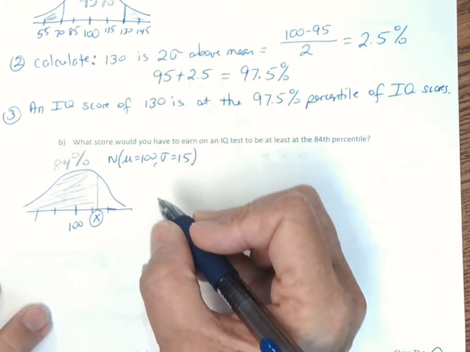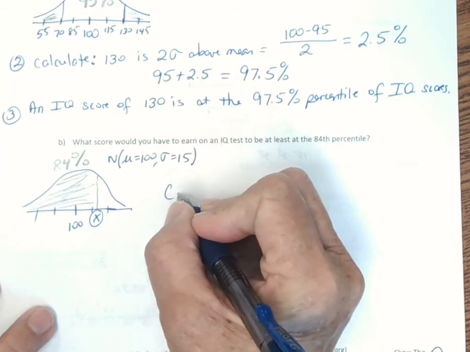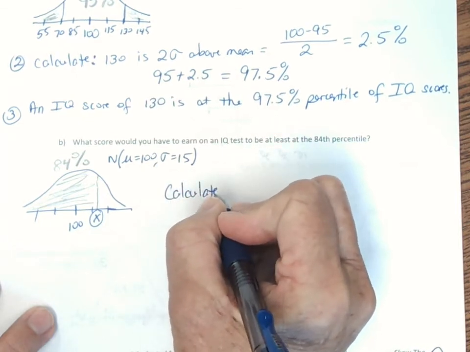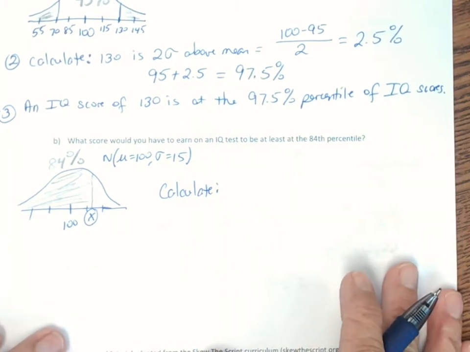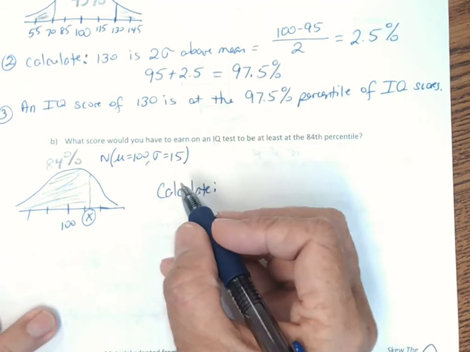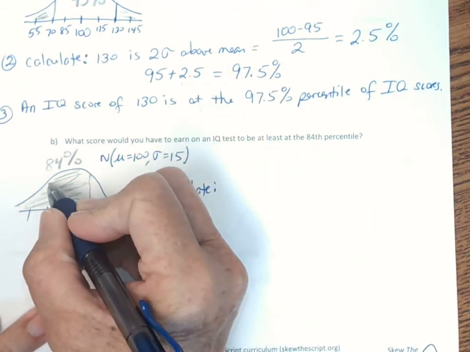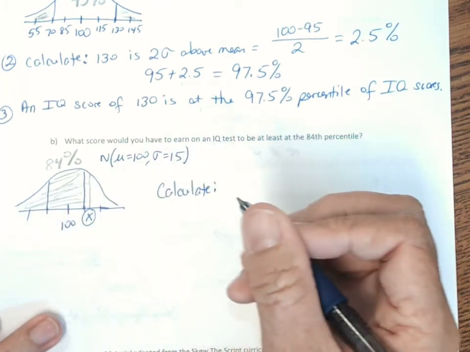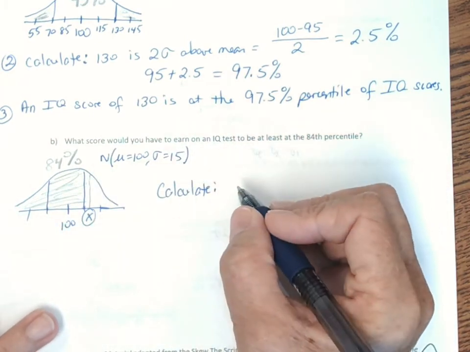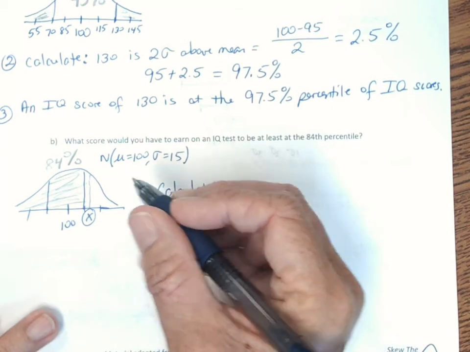Okay, so let's figure out how we do this. So step 2 is calculate. You don't have to write the word calculate, but I find it keeps me organized to make sure I follow all the correct steps. So here I would say, okay, well, I know that within one standard deviation, let's see how we're going to do this. Actually, let's calculate and take away 50%.